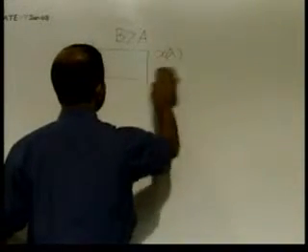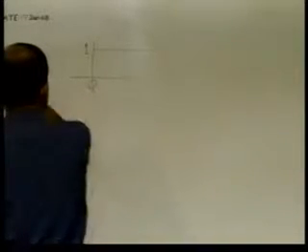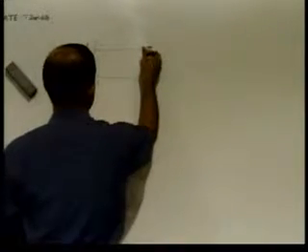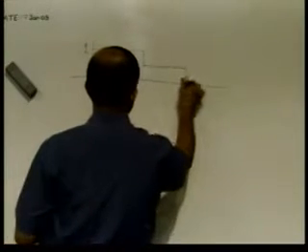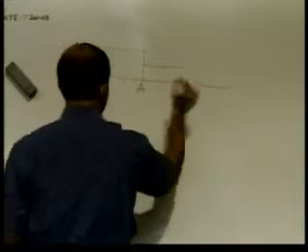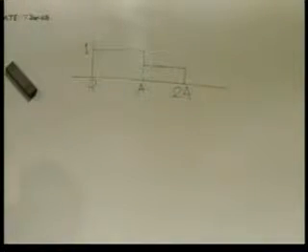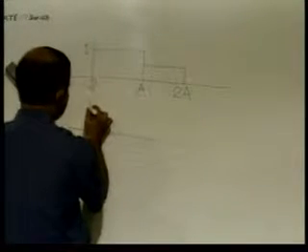Suppose you have a function that looks like this, and you wish to convolve it with a function like this.